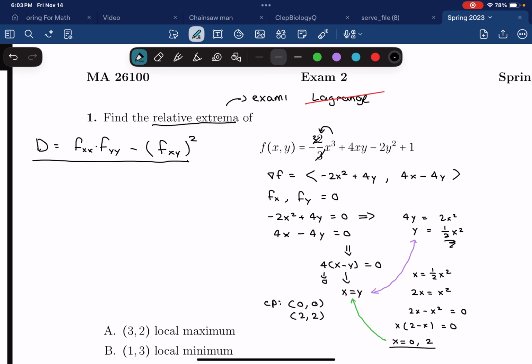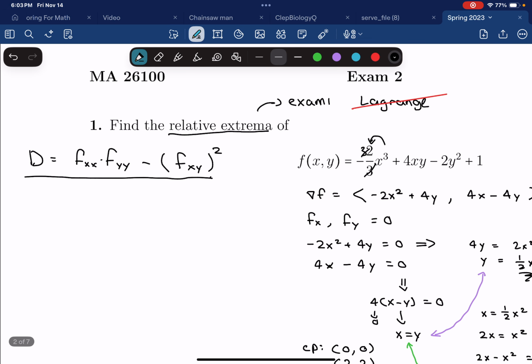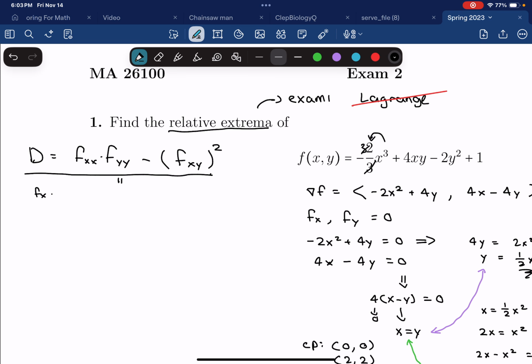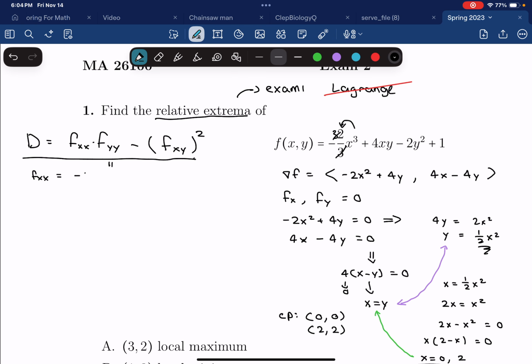Okay, now what we're going to do is we have to set this up. So our double partial with respect to x will be equal to this, so that would be negative 4x. Our double partial with respect to y will be equal to negative 4.